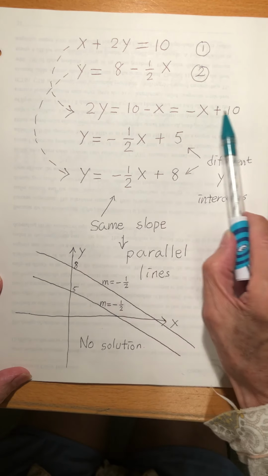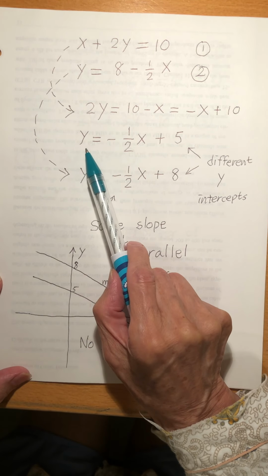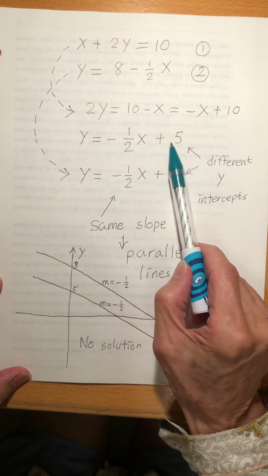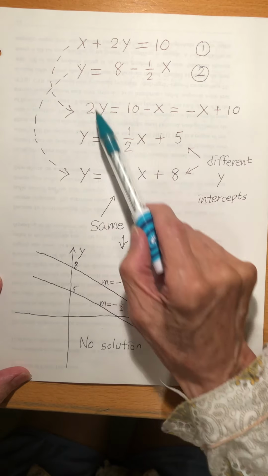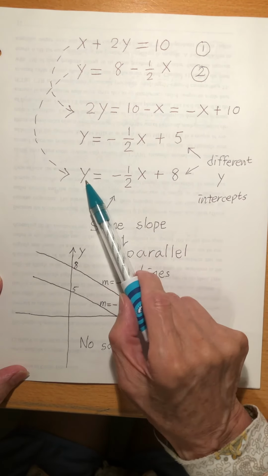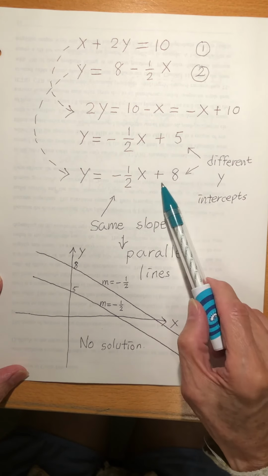And divide this equation by 2 so that I have a standard form, which is y equals mx plus b. The second equation is already in the form y equals mx plus b.